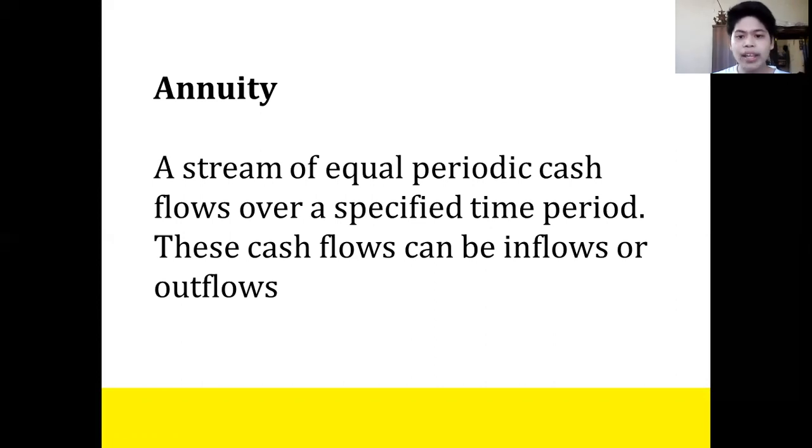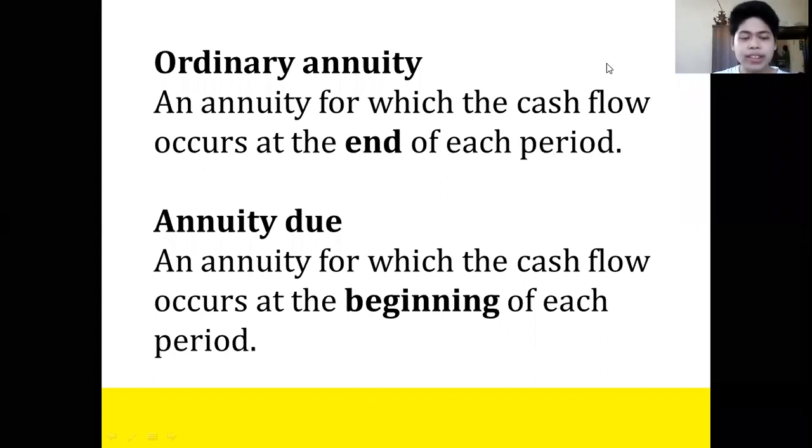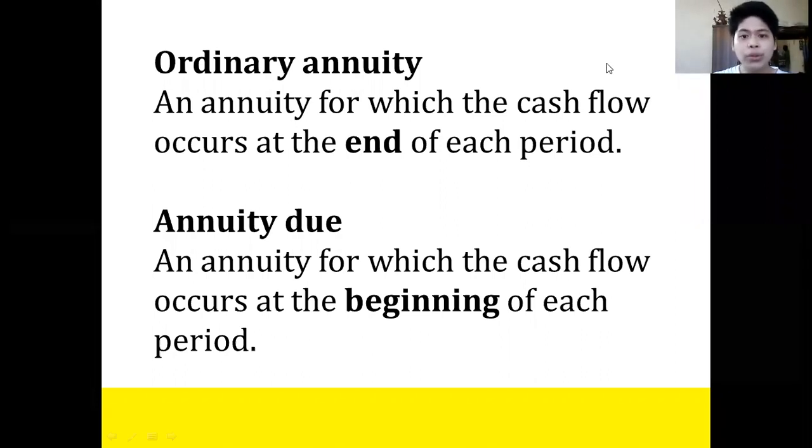These cash flows can be inflows, ibig sabihin papasok or receipt, or outflows or palabas. The next question is, when will you have the cash flows? Or kailan mangyayari ang cash flows? If the cash flow will occur at the end of each period, it is an ordinary annuity.